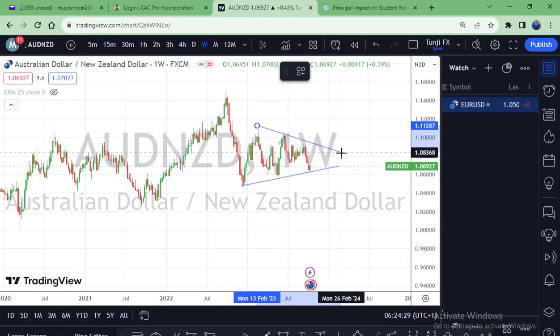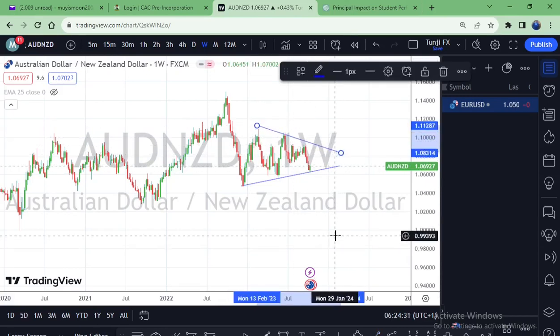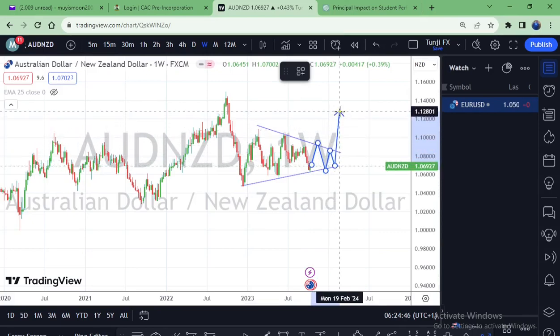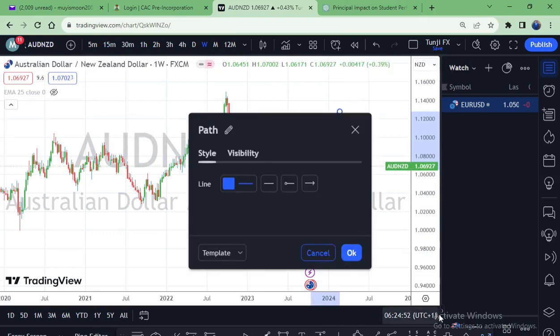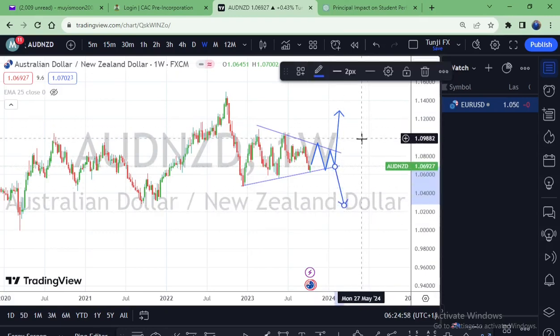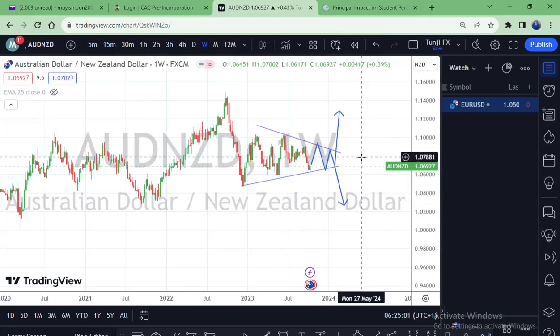Okay, you can see it's a triangle. It's forming a triangle on the weekly, so it can continue to form a triangle which could either break to the upside, or just drop down. So these are the two scenarios that could occur.